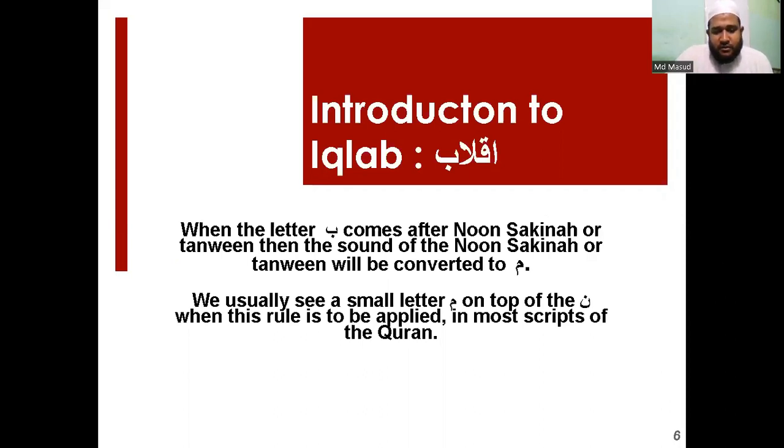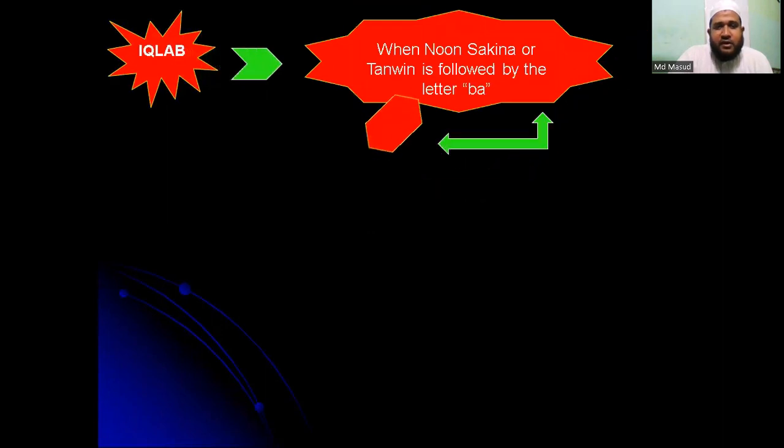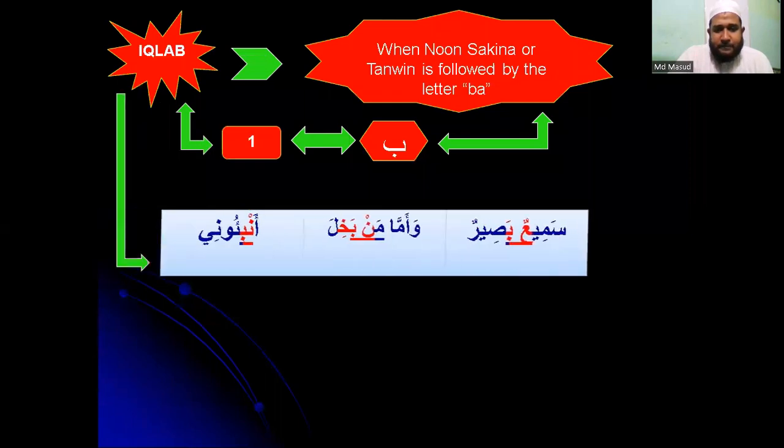And in the Holy Quran, in many scripts, we see that there is a little Mim on top of the Noon Sakin, so that we know that the ruling of Iqlab takes place here. So Iqlab has only one letter, which is Ba. And there are three examples I put.